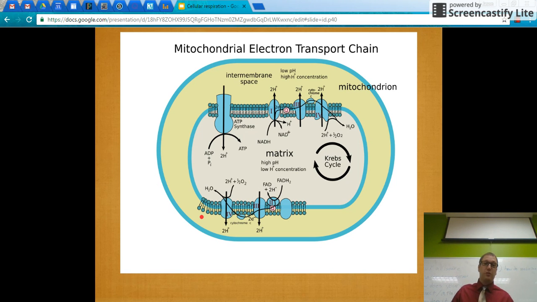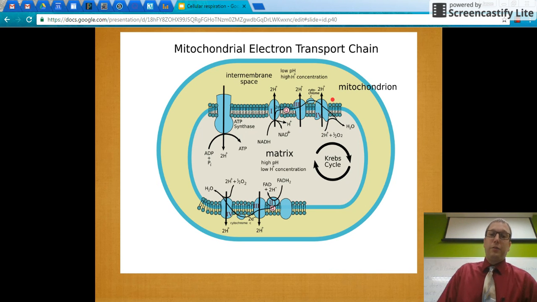So here's a picture. All right, you have your mitochondria. You have high energy electron carrier coming in and giving an electron to the first protein. That electron then goes through a series of proteins, and its energy is siphoned off and used to pump hydrogens across the membrane.